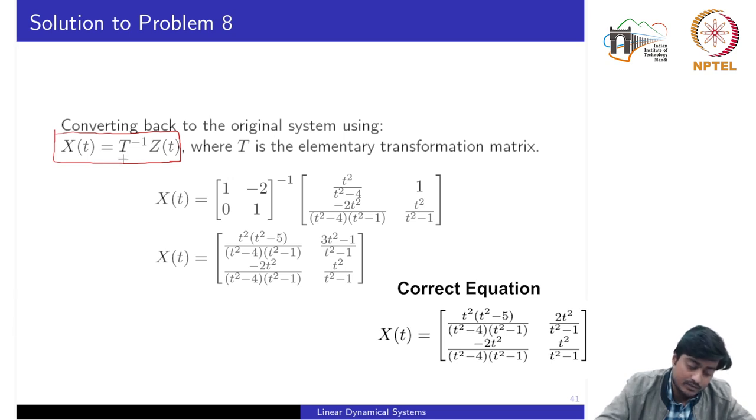And this transformation matrix we obtained from the elementary row operations we performed initially. So using T inverse and capital Z, we obtain the fundamental matrix for the original state variables. Now using this matrix, we can compute the state transition matrix and finally the time domain solution.